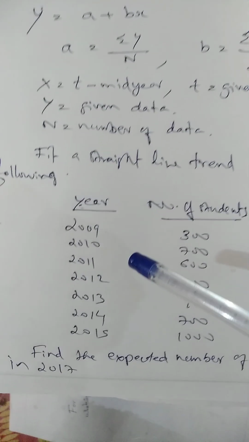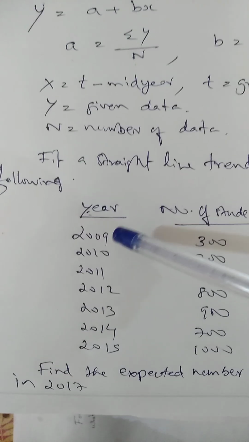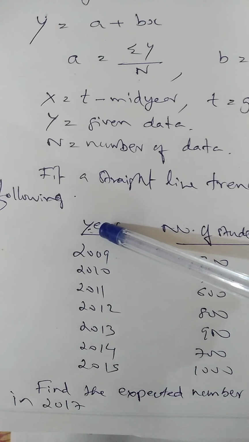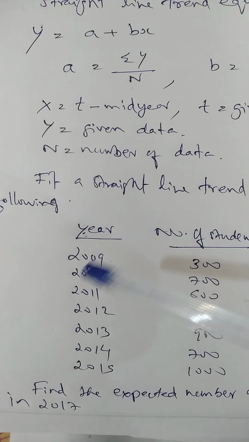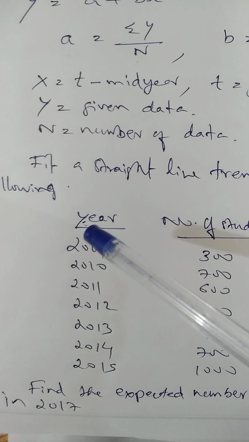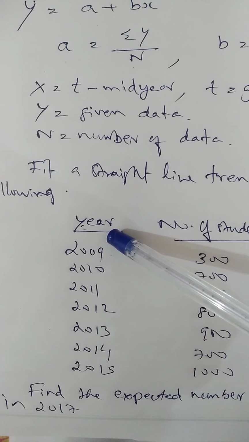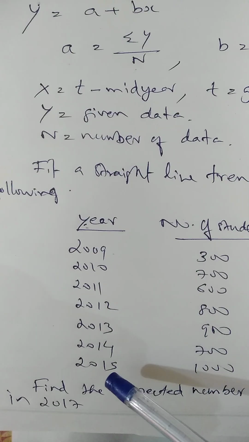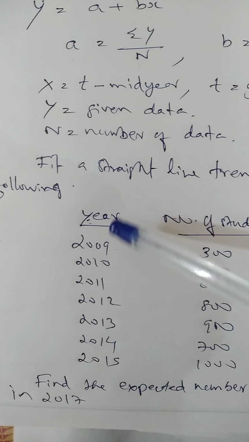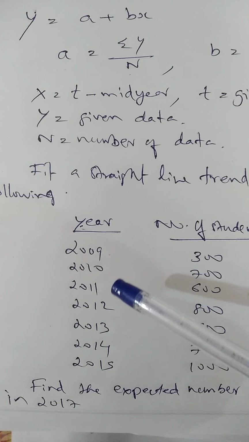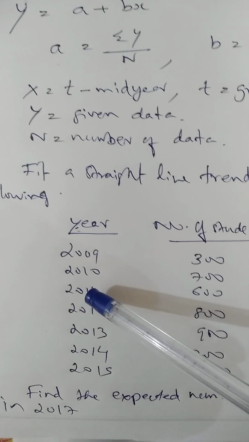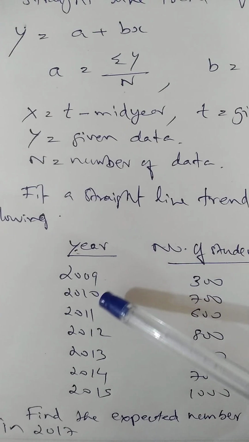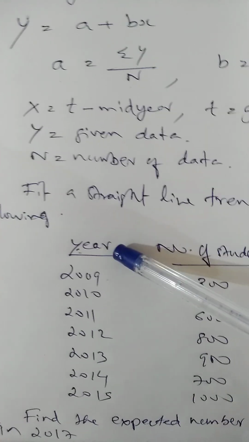Okay. In such a situation, there may be a doubt that here it is 7 items. If there exists one more item, means 8 items, then how will we find the mid-year? For example, suppose there is 2008 also, then there will be 8 items. Then how can we find out the mid-year? In such a case, we have to consider the mid 2 years. Means we have to consider 2011 and 2012. Above that there will be 2010, 9 and 8, isn't it?